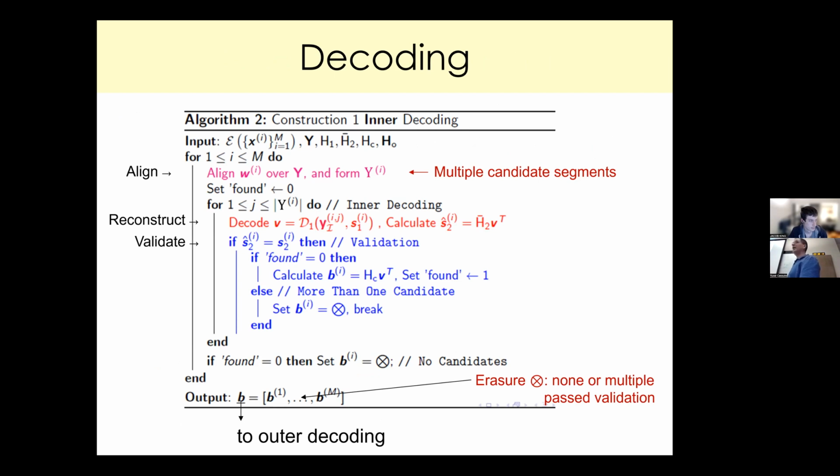For that, we added validation. It will soon be clear why we need these special bits for validation. Think of it as an error detection. Hopefully, most of them will be rejected here, but some will not. Some will still be misvalidated, which means that the outer code may see also errors, not just erasures of the previous step.